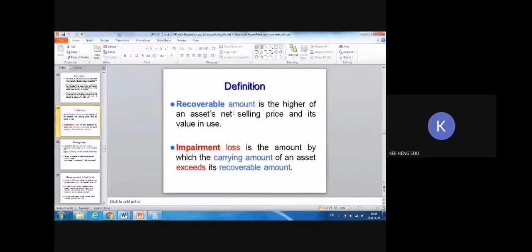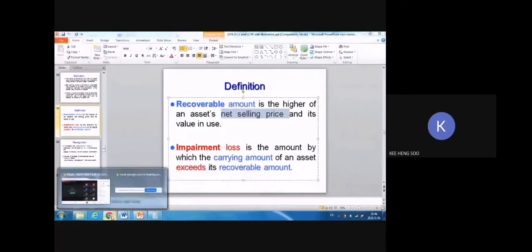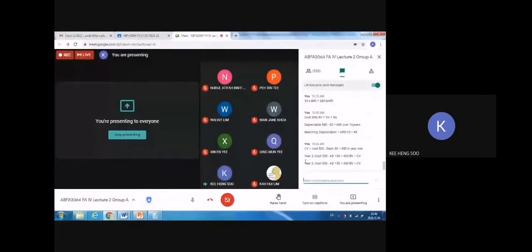Now, recoverable amount. Do you see this now? Today, net selling price, year 1, year 2, year 3, I have 2 decisions. Decision number 1, I want to sell it now. How much is it worth? 320, for example. You see, in year 3, cost minus 150 equal to 350.